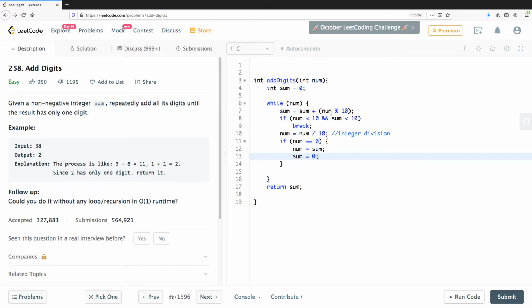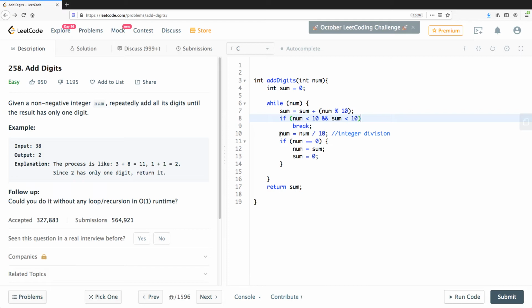Sum becomes 11 now because num is 3, and sum was already 8, so we have 11. Now again, if num less than 10, sure, num is less than 10 because num is actually 3. But is sum less than 10? We are supposed to return only when the sum of the digits is in single digits. So we still don't break out of it.